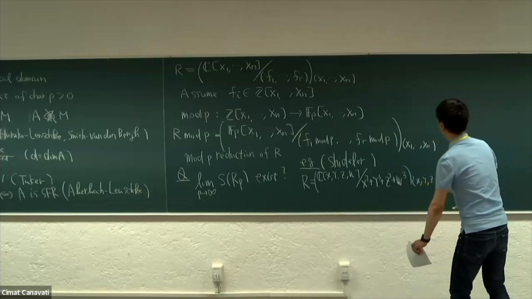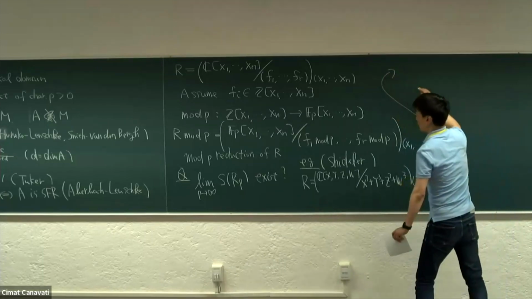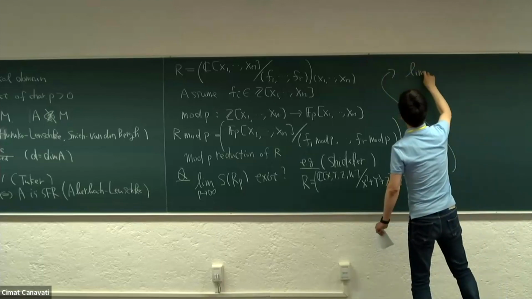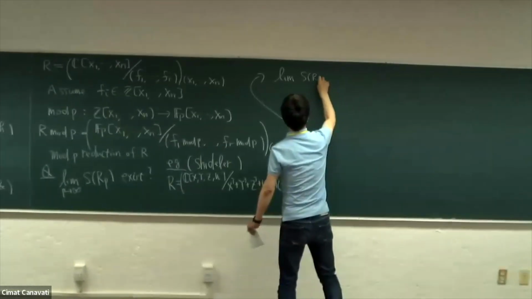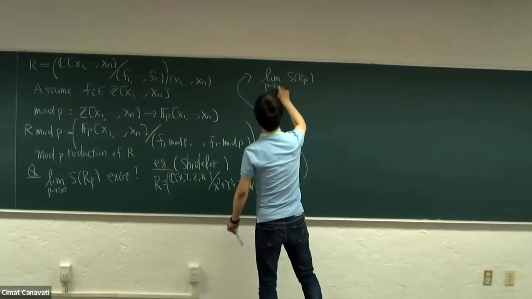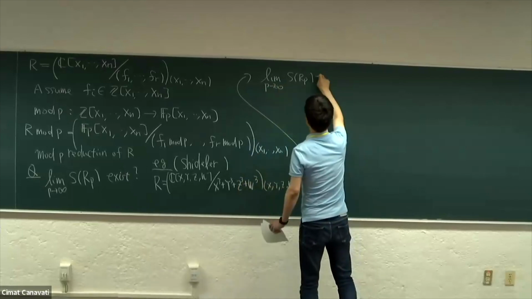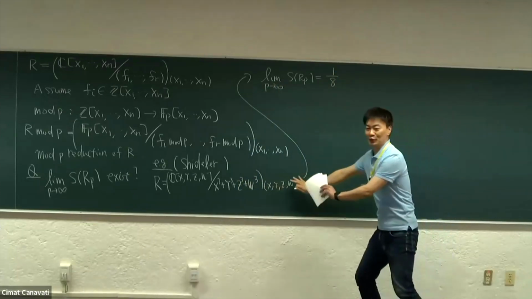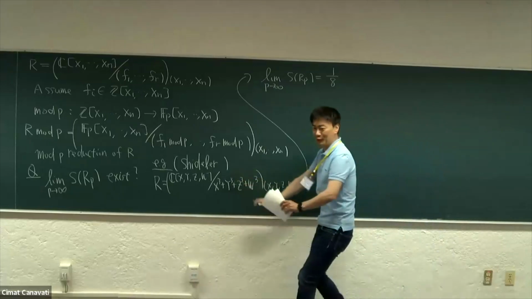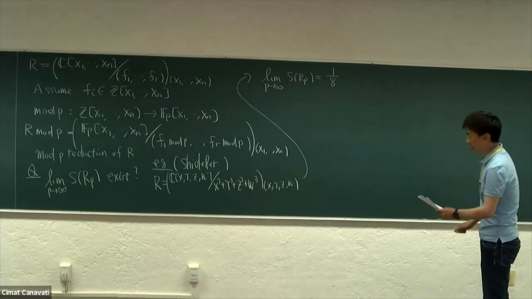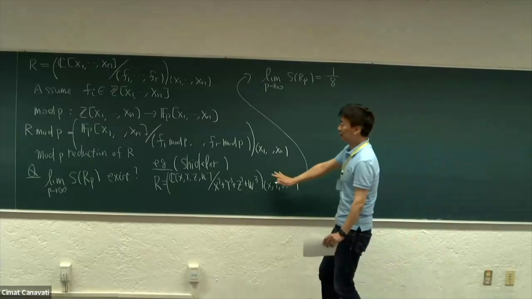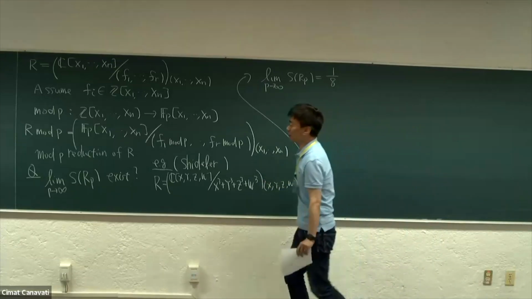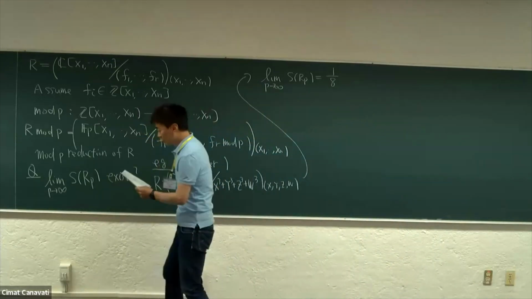In this case, the limit of the F-signature of the modulo p reduction of R is equal to 1/8 according to him. I never computed it, so I trust him. Anyway, in this case the limit exists, but in general I don't know whether the limit exists or not.